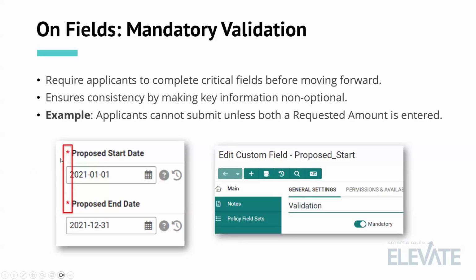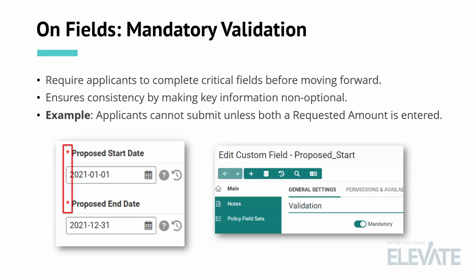Another thing that you could do in the actual field is enforce mandatory validation. So this is pretty simple, and I'm guessing most of you have them, but we know that little red star means that a field is mandatory, right? So this is the simplest, but honestly most effective way to prevent incomplete submissions.